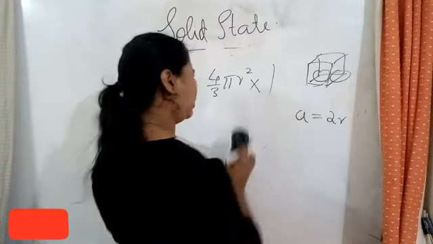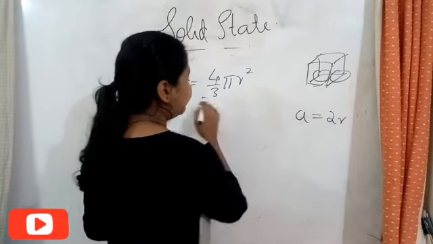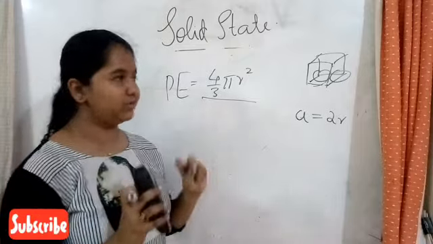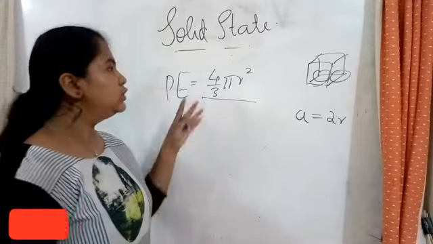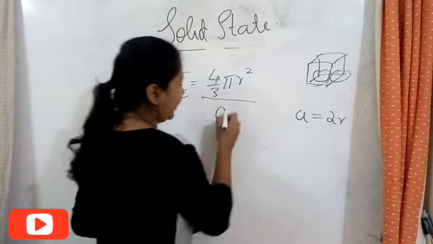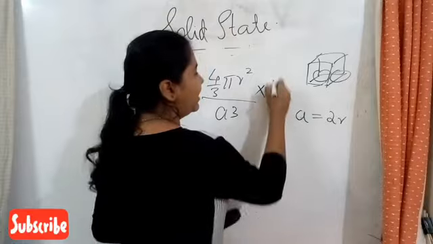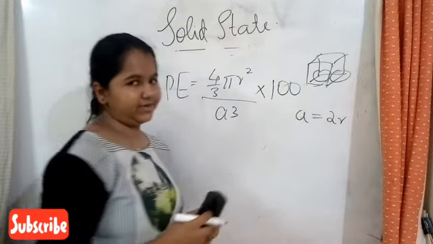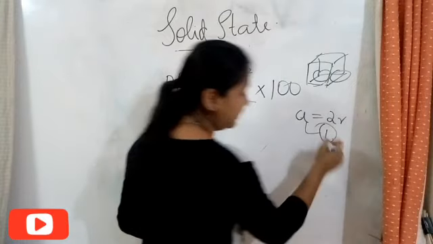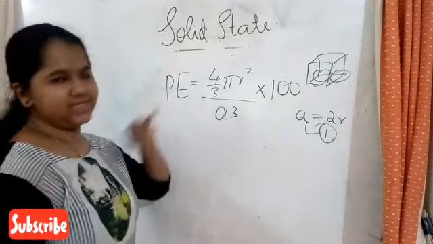Let's leave that for now. Divided by the volume of the whole unit cell. What is the volume of the whole unit cell? That is A cube, into 100. Now we'll put this value in the equation.